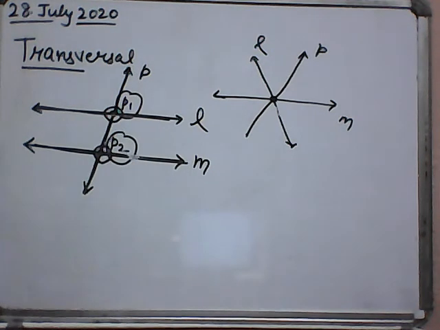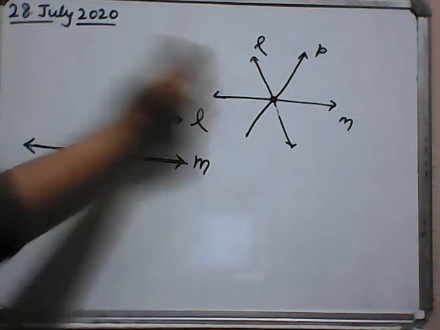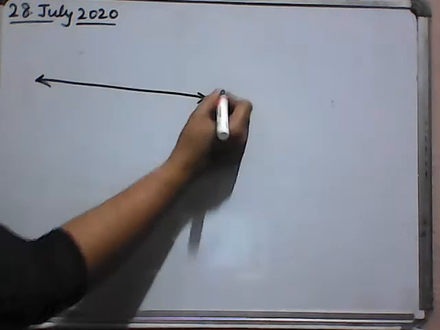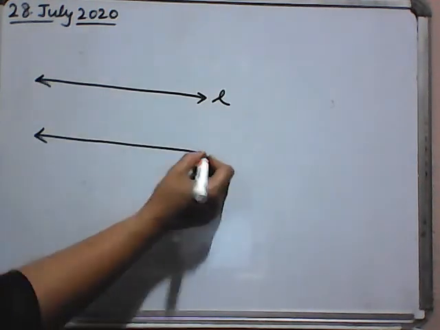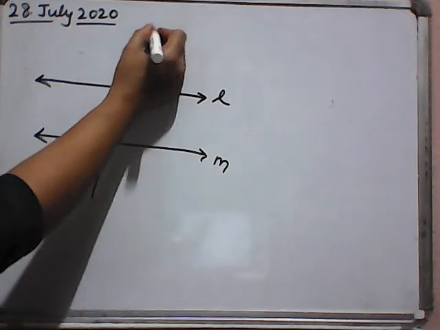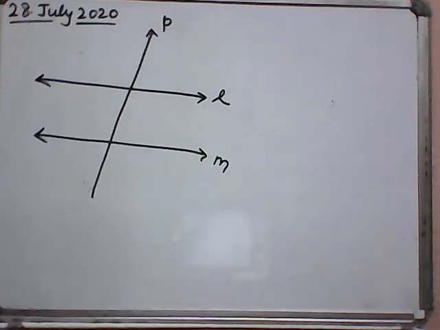Let's move to the next concept: corresponding angles, interior angles, and alternate interior angles. Suppose these two lines are given to you, the L line and the M line. This is the transversal, suppose this line is called the P line.